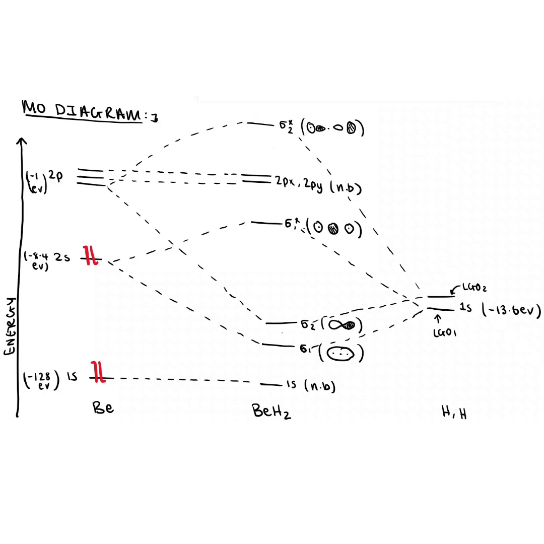Also, each hydrogen 1s atomic orbital contains one electron. In total, we can see we have 6 electrons in the atomic orbitals, so we can put them into molecular orbitals starting from the lowest energy upwards. 1, 2, 3, 4, 5, 6.